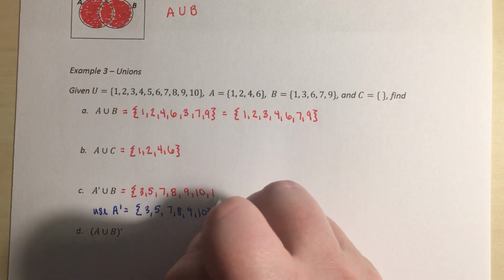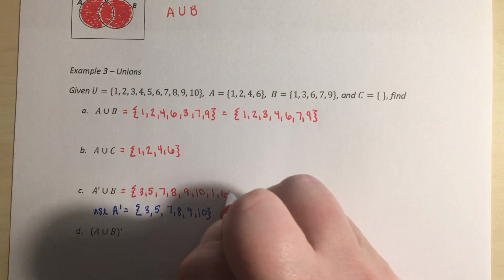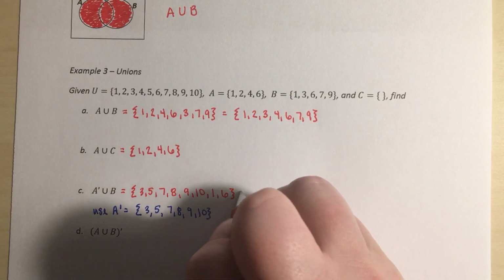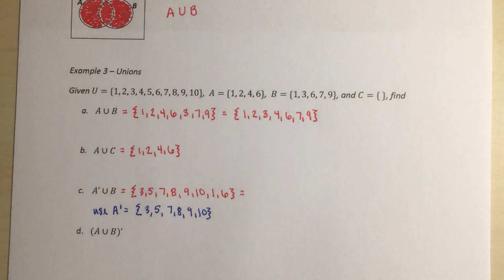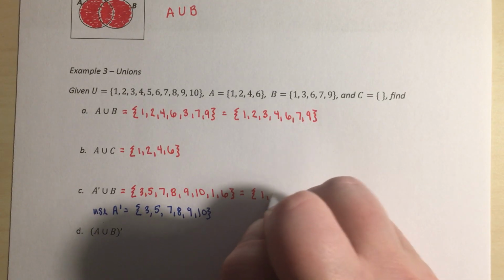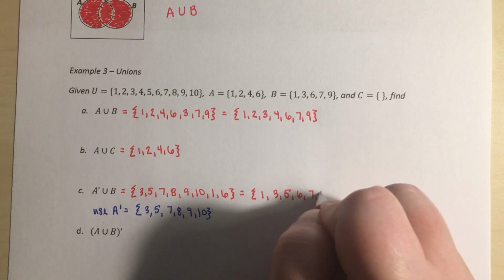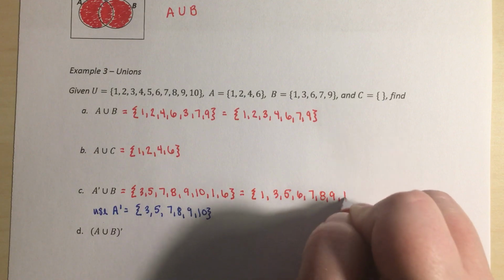B has a 6, so we want to include 6 in our union. 7 and 9 are both already there, so we're just going to add the 1 and 6. So now we have everything that's in our complement of A, B, or both. And then we're just going to put these in numerical order: 1, 3, 5, 6, 7, 8, 9, 10.